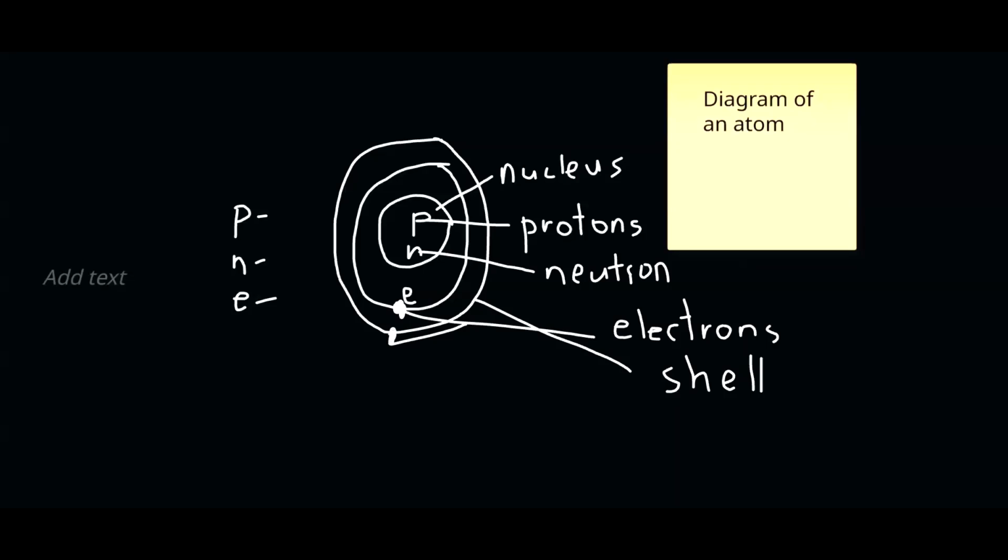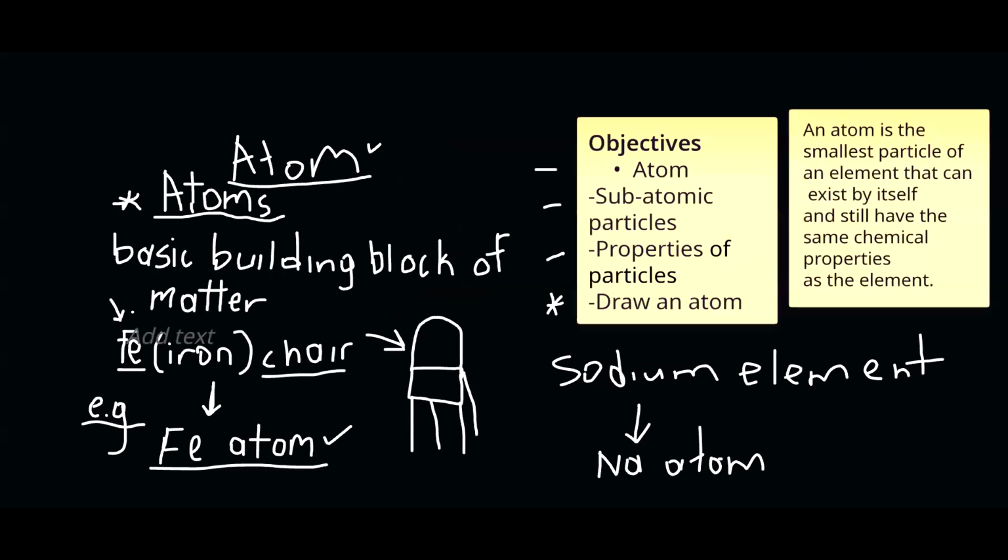So in doing a quick revision, the idea is that atoms are the basic building block of matter. And I said before, if you have a sodium element, a sodium element would contain sodium atoms. And as it relates to the subatomic particles, we have protons, electrons, and neutrons.